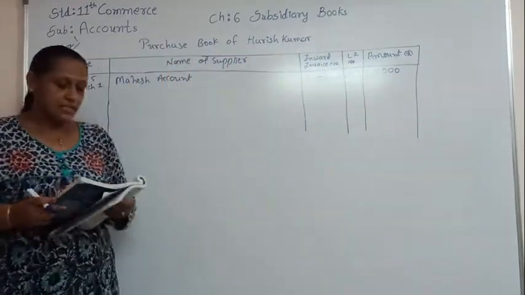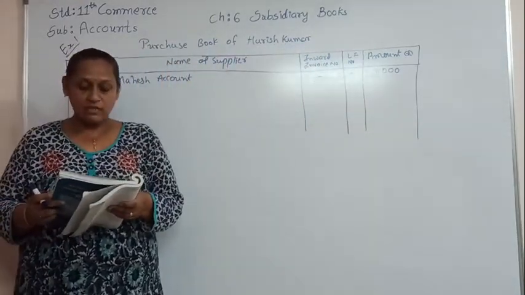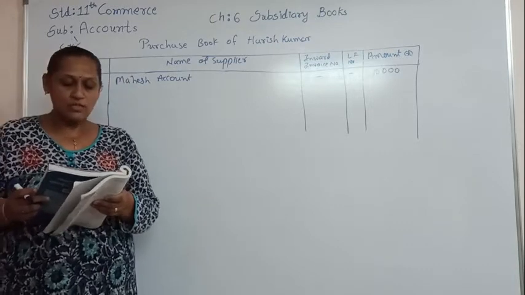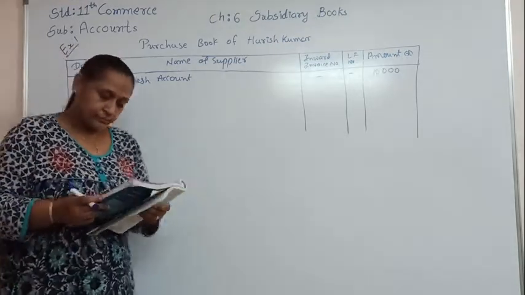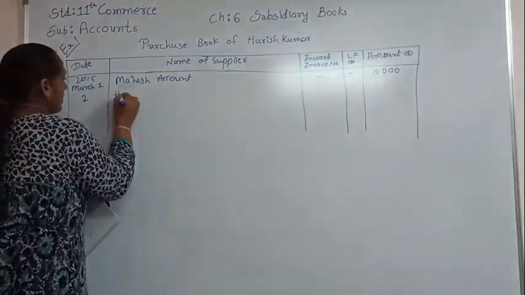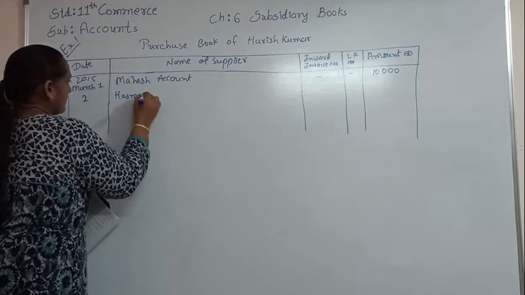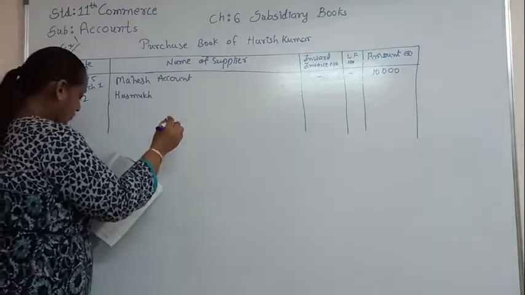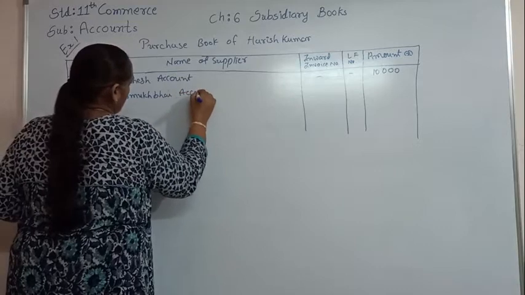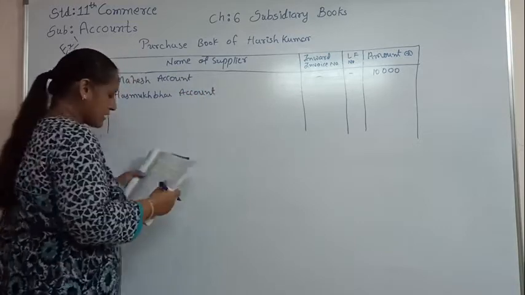The next transaction is goods of rupees 15,000 purchased from Hasmukh Bhai at 10% trade discount, invoice number 15. So here on the 2nd of March we have purchased goods from Hasmukh Bhai. Hasmukh Bhai account. So here invoice number is given to us.